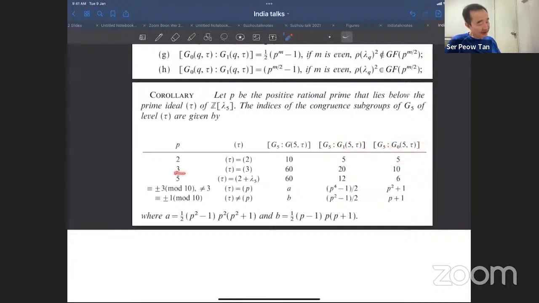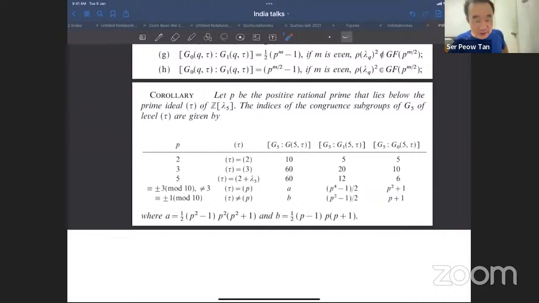When P equals 3, we get 60, 20, and 10. So now this group is strictly contained in this group. When P equals 5, again we have 60, 12, 6. Then these are the infinite cases. So we have these numbers.